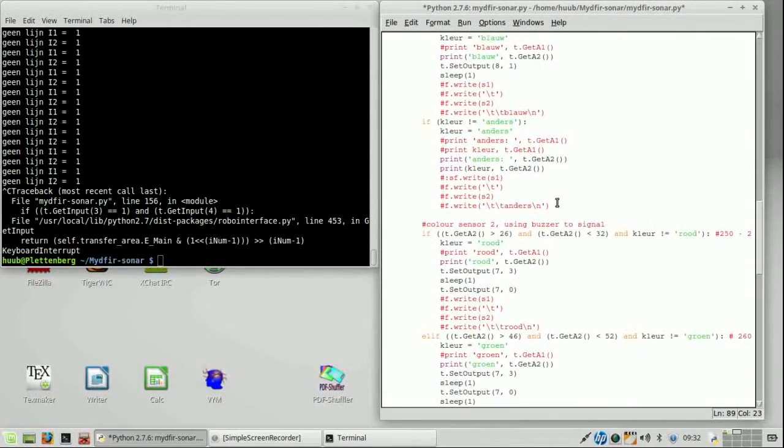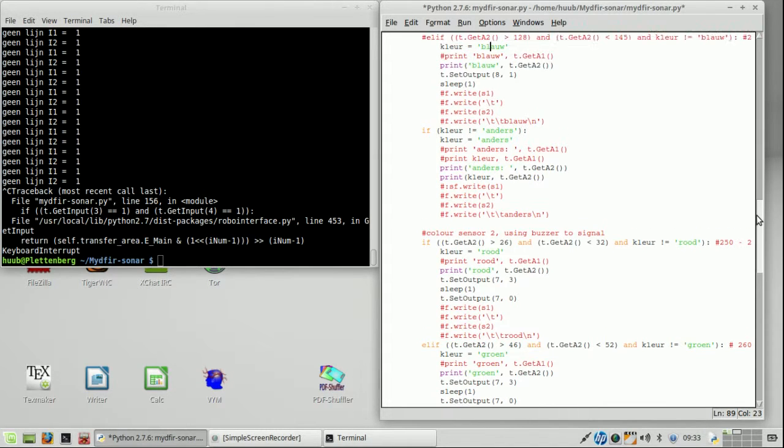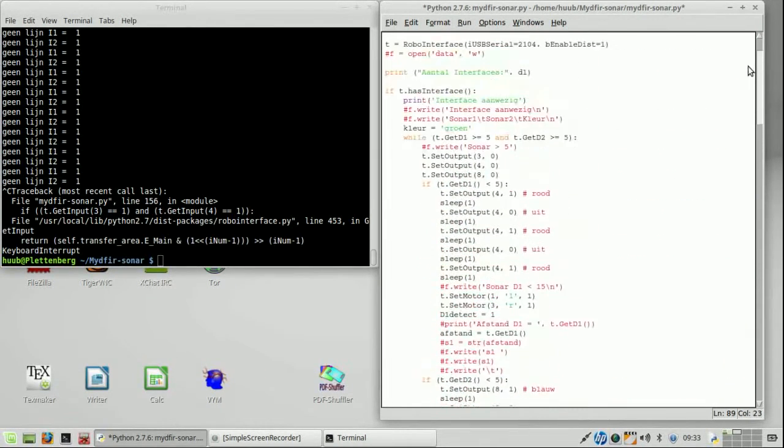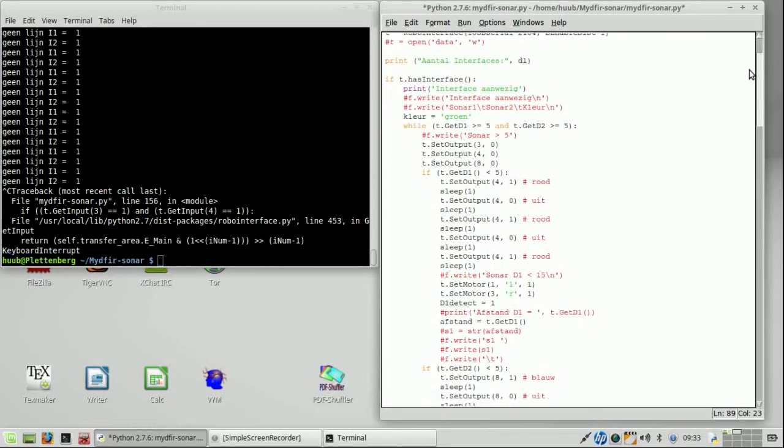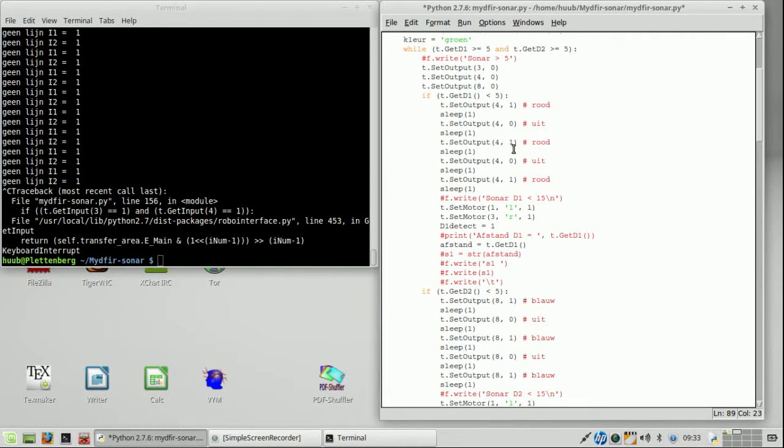Alright, then sonar. When does the sonar go? Here is sonar. This is blue.